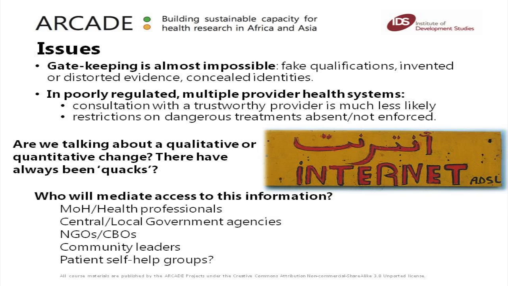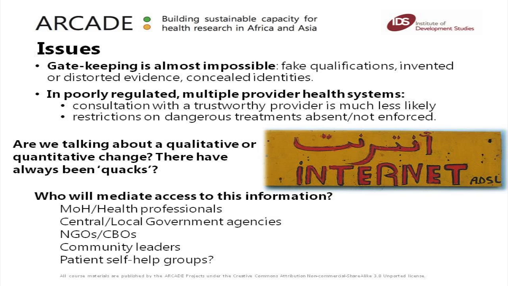I think there is an issue about whether the internet, in terms of provision of health advice, involves a qualitative or quantitative change. Throughout history, there have always been people who we generically call quacks. We call people quacks until we bring them inside the medical net, and then we call them something else.